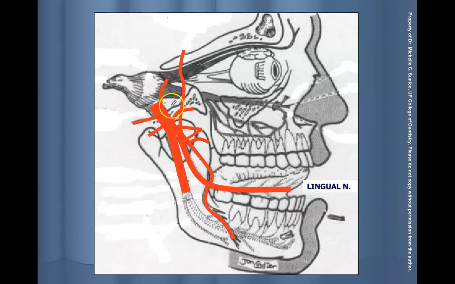Before the main posterior trunk enters the mandibular canal through the mandibular foramen, a small branch or fiber from the main posterior trunk separates, and this is the mylohyoid nerve.